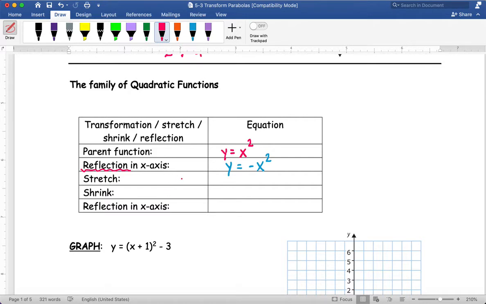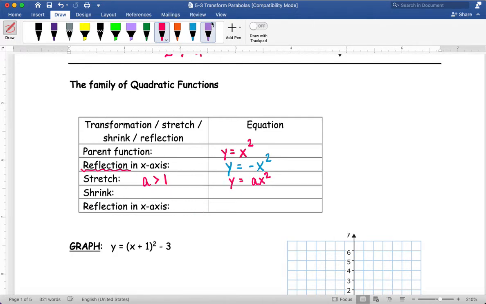Stretching. Well, stretching, we knew before that we multiplied it by some value that was larger than 1. That was a stretch. So y equals a times x squared, but your a value had to be bigger than 1 for it to be a stretch.